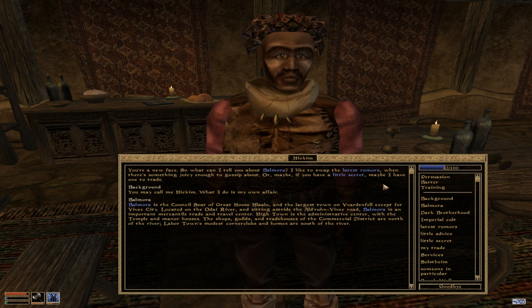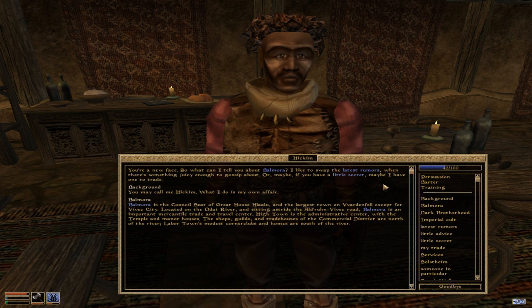Balmora is the council seat of Great House Hlalu and the largest town on Vardenfell, except for this city. Located on the Odai River and sitting astride the Aldruhn Vivec Road, Balmora is an important mercantile trade and travel center.